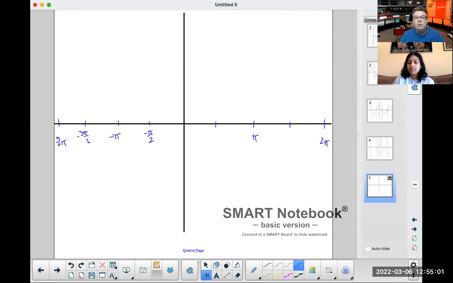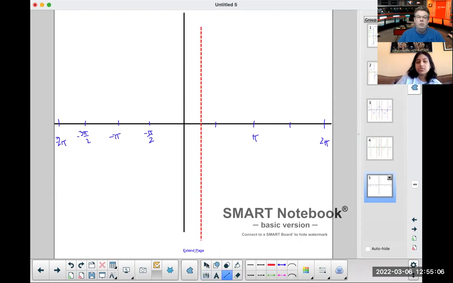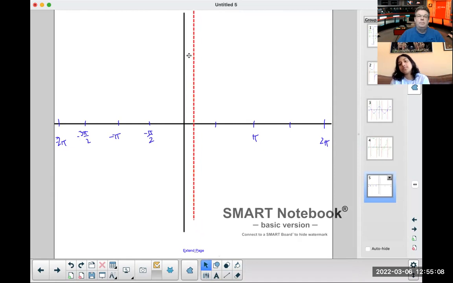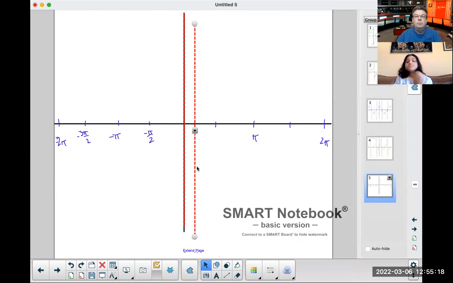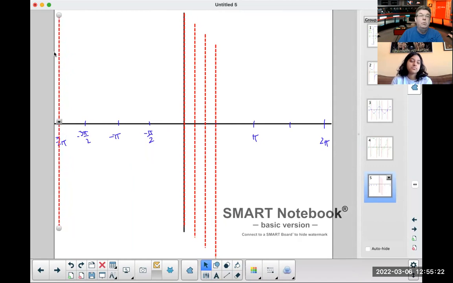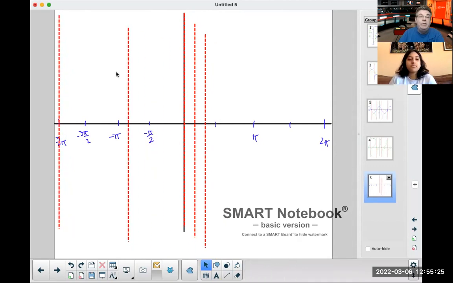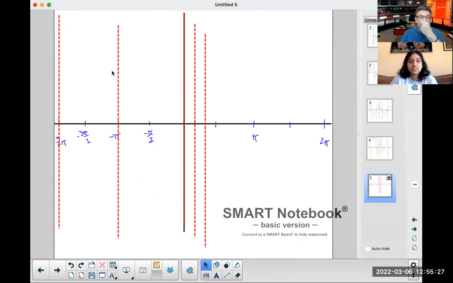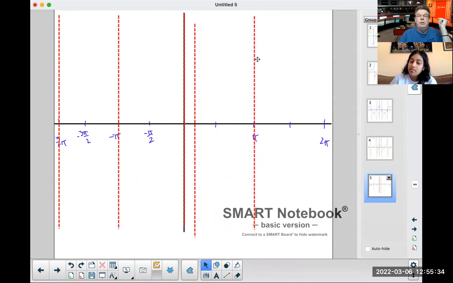Jeez. And all right, where am I undefined? 0 radians, pi radians, and 2 pi radians. Which is the same as secant, isn't it? No, or no, cosecant, because sine's on the bottom, right?